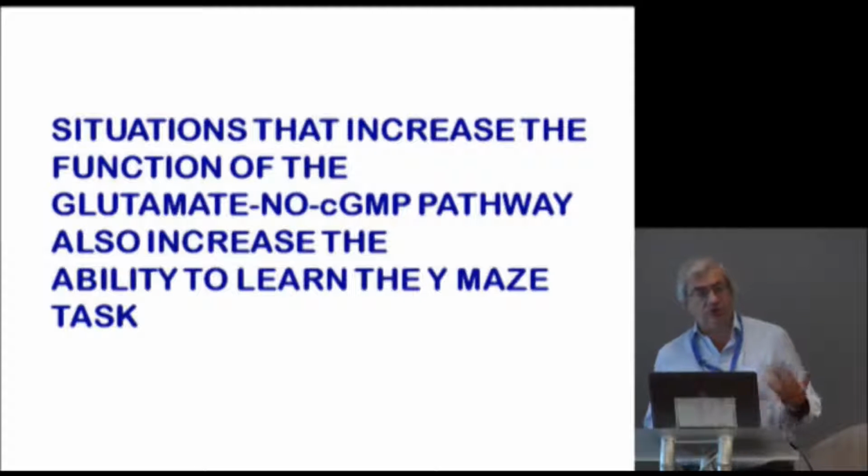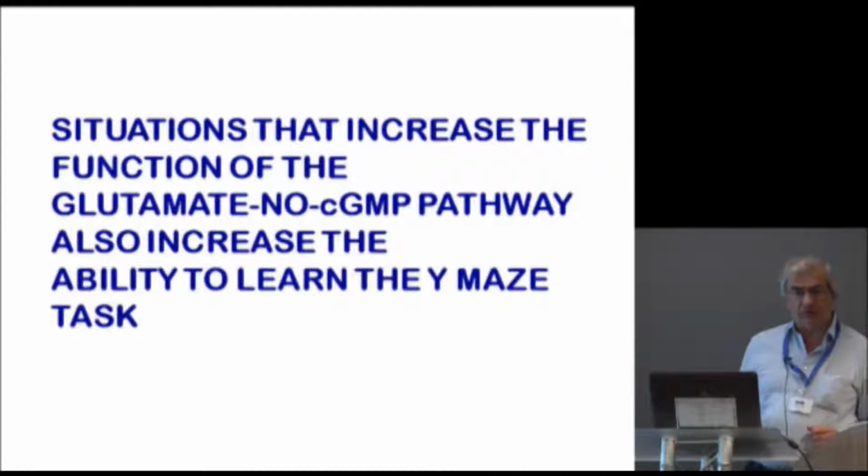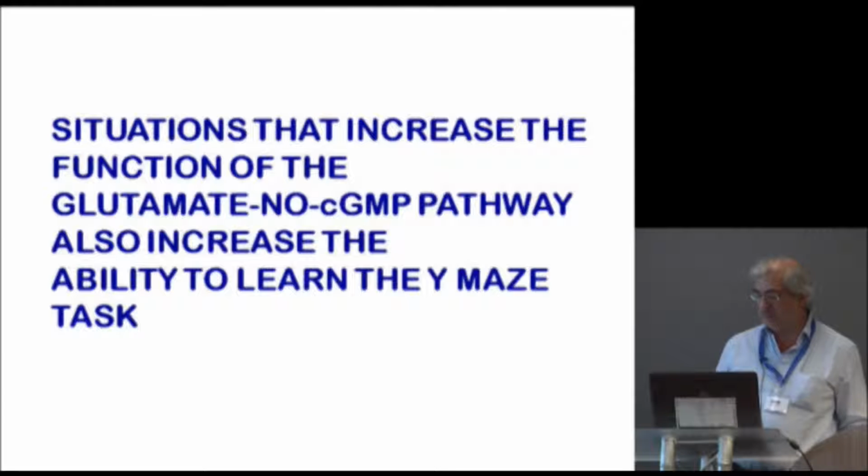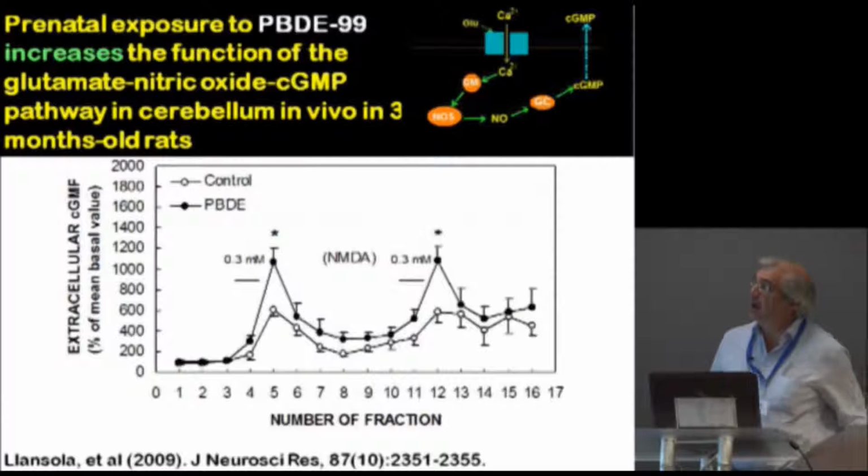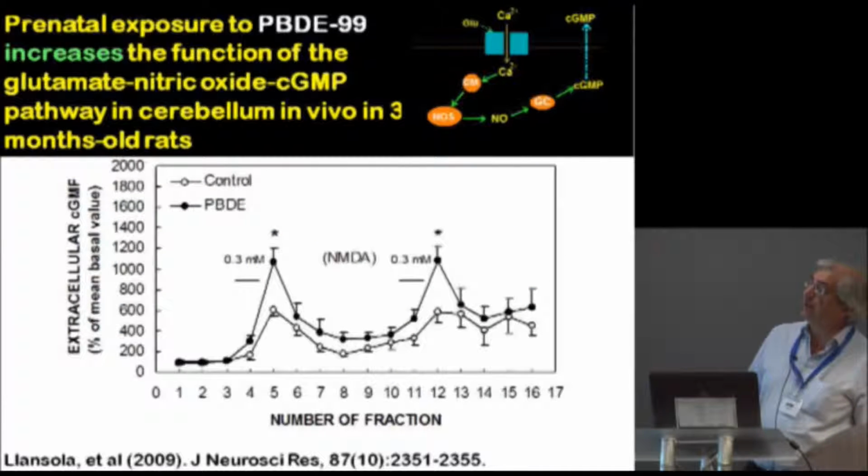But there are also situations which increase the function of this pathway, and they also increase the ability to learn the task. And this occurs, for example, in rats with developmental exposure to PBDE99. This is the function of the pathway in normal rats. This is the basal level of cyclic GMP. We add NMDA, and this increases cyclic GMP to here in normal rats.